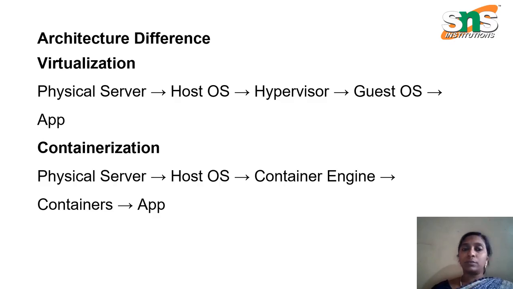Now the architecture difference between virtualization and containerization. In virtualization, we have the physical server, host OS, hypervisor, guest OS, and applications. In containerization, we have the physical server, host OS, container engine, containers, and applications.